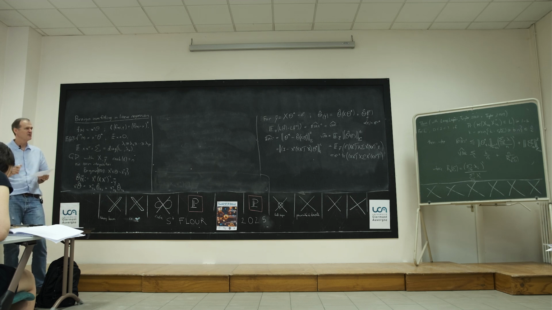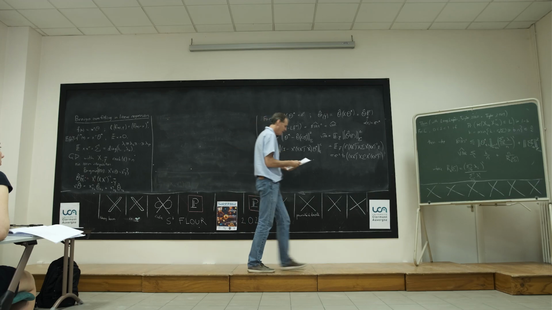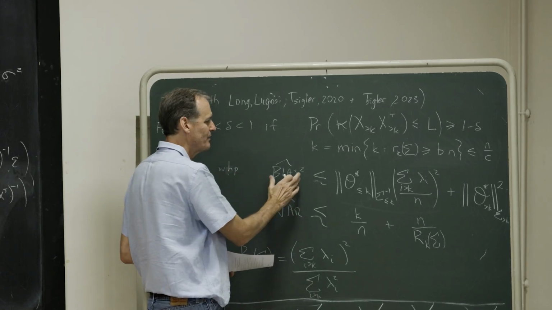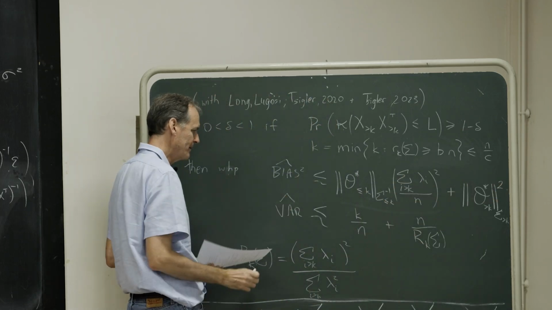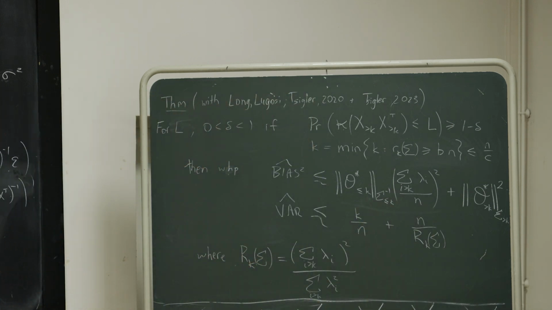You can show in the case of Gaussian data, for any theta star, if you consider randomly flipping the signs of that theta star, some sort of randomization, some symmetrization, if you consider randomly flipping the signs of the components of theta star, then the expectation under that randomization of the bias is at least a constant times exactly these terms, and the variance is at least the min of these things and a constant.